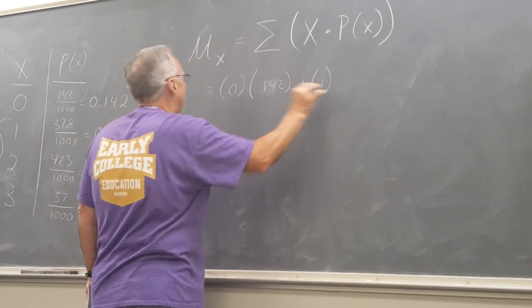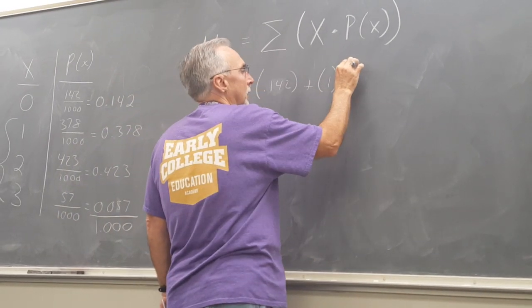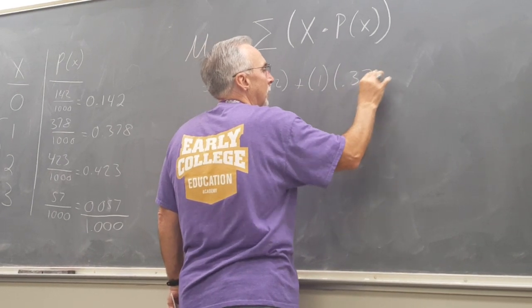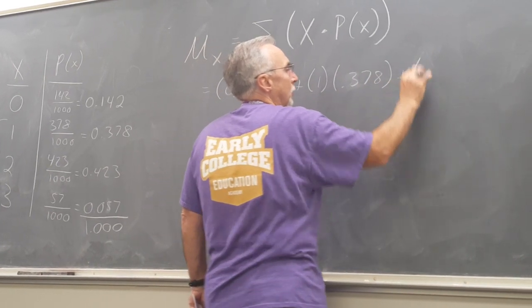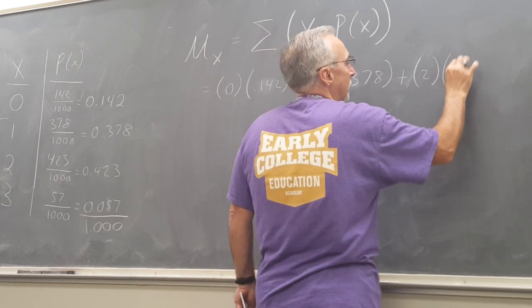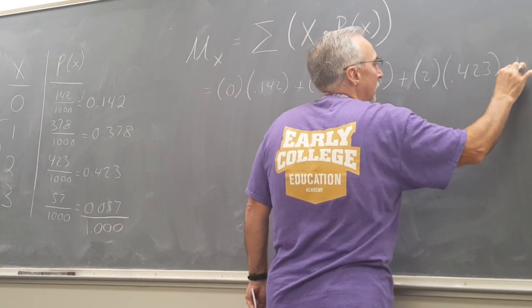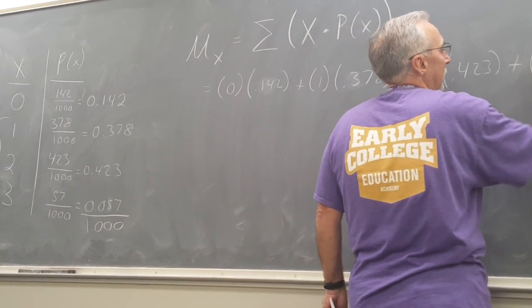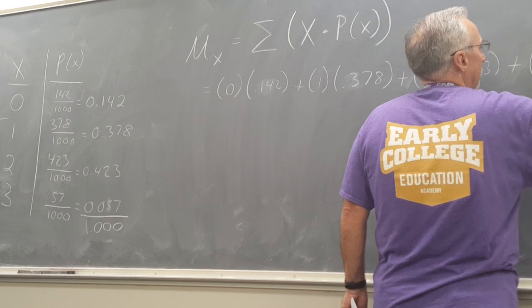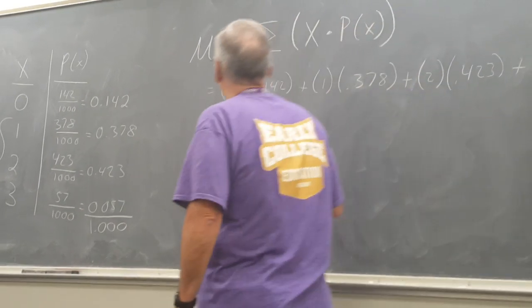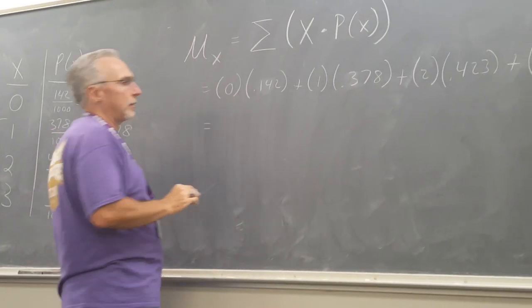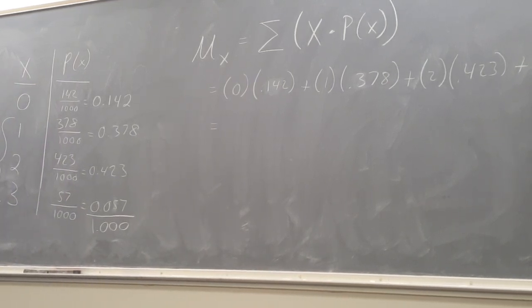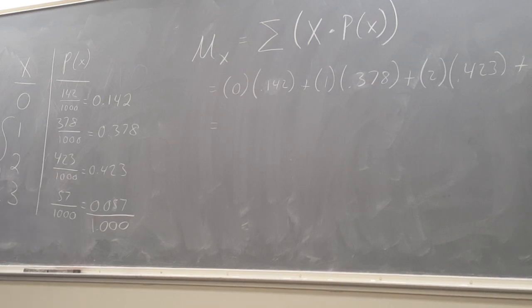Then you take the next random variable, 1, times 0.378, plus 2, times 0.423, plus 3, times 0.157. So this becomes a calculator exercise once you know how to list them out.